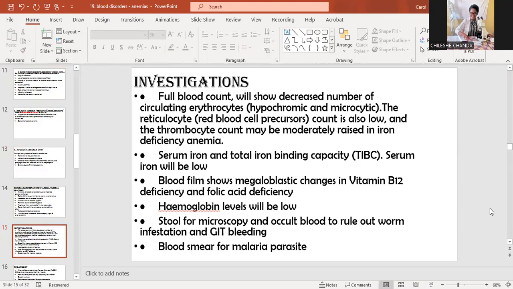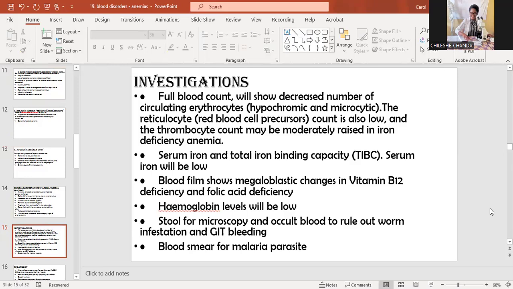Some of those investigations you're going to do include a full blood count, which will show decreased number of circulating erythrocytes. A full blood count will show decreased number of red blood cells. The precursors to red blood cells may also be very low. It will also show that even the thrombocytes will be reduced. Even the white blood cells may be reduced.